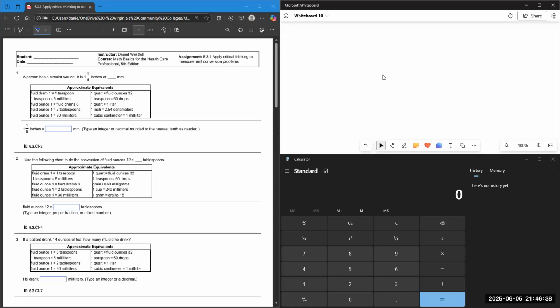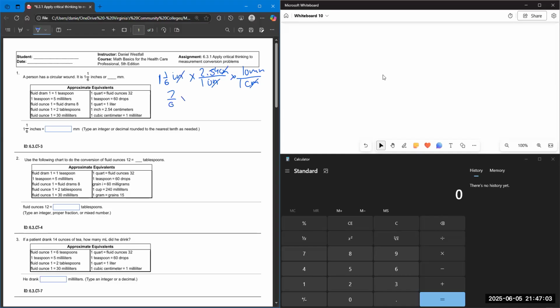So I see this one is going to require multiple conversions, so I'm going to use dimensional analysis on this. 7/6 inches. 1 inch is 2.54 centimeters, and 1 centimeter is 10 millimeters. Centimeters cancel, inches cancel.